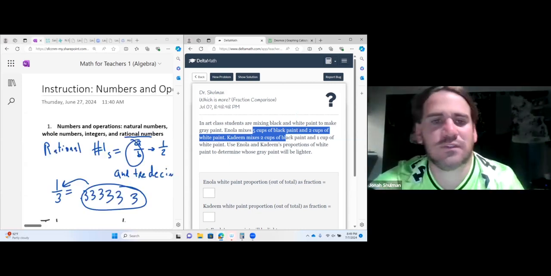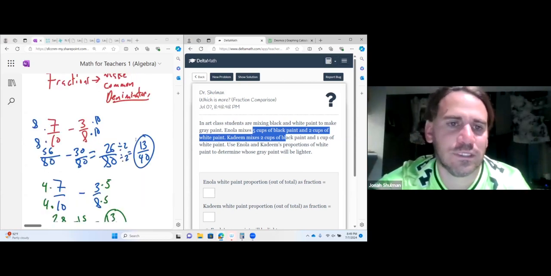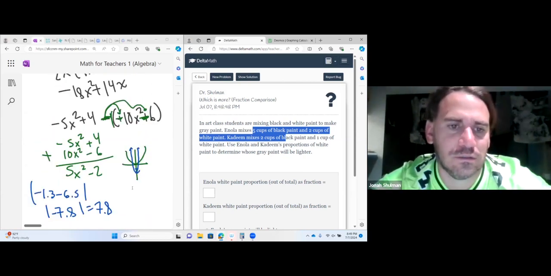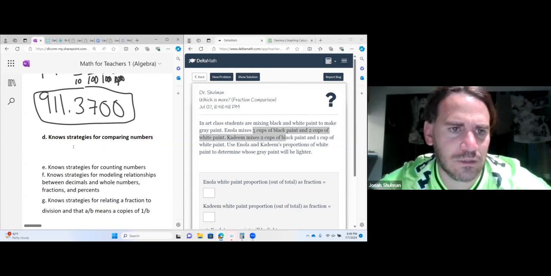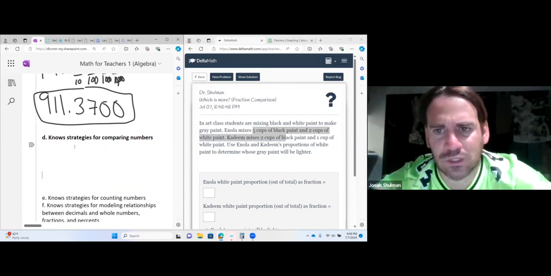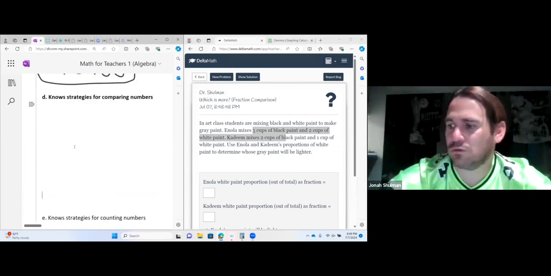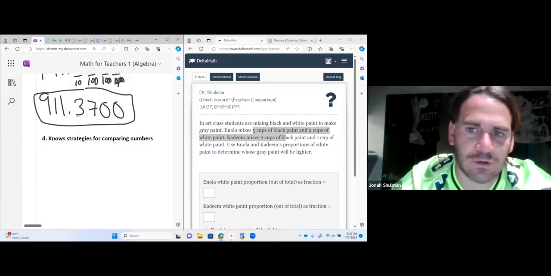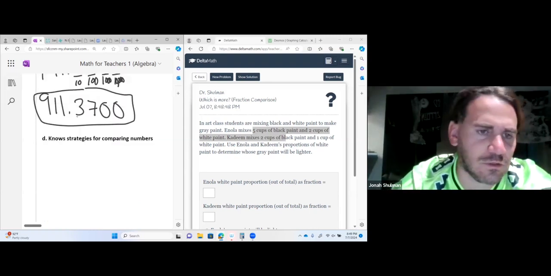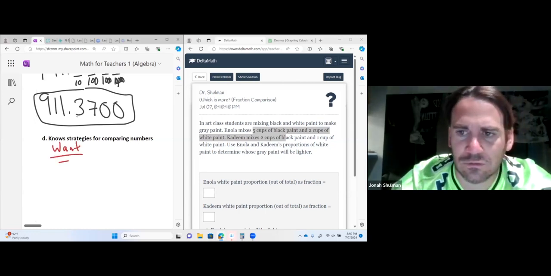So you see it even gives us tests there. Like out of the total, what do we need? All right, let me go down to D. Here we go for comparing numbers. So they give it to us right here, what we want out of the total. So that's usually, and I like drawing pictures too, but basically every time they're asking you for a probability or comparisons, it's just always what you want out of the total.